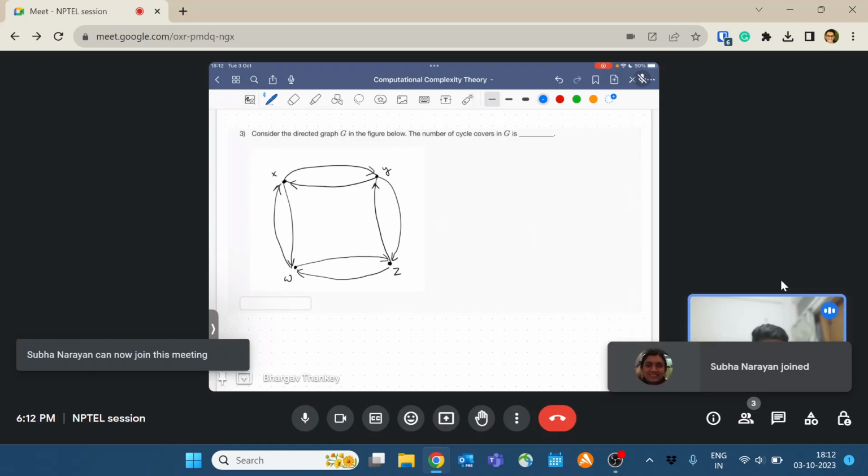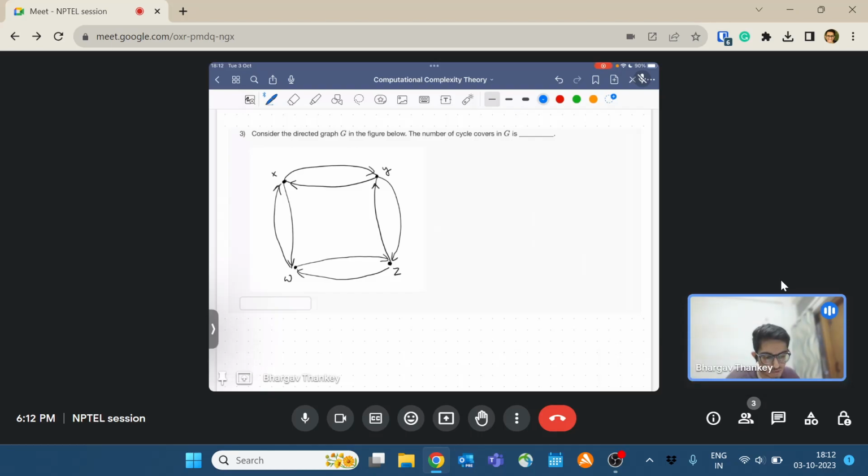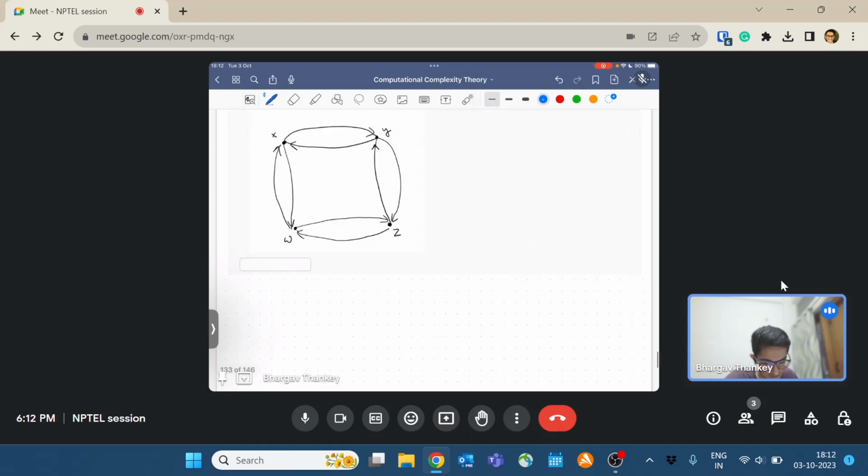Over here, we are given a directed graph, and we are supposed to find the number of cycle covers in G. Now, recall that a cycle cover is a disjoint union of cycles such that every vertex appears in at least one cycle. Okay, so now let's count the number of cycle covers over here.